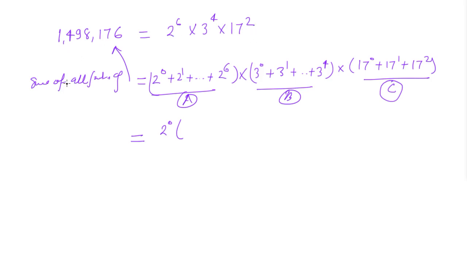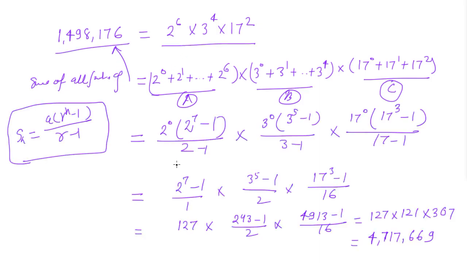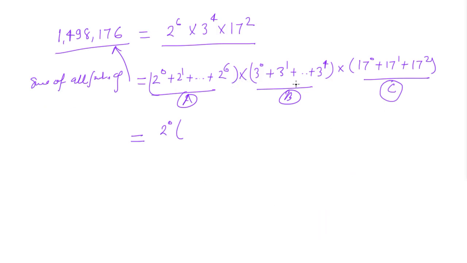And as we have done earlier, the sum of all factors of the number equals 2 to the 7th minus 1 by 1, times 3 to the 5th minus 1 by 2, times 17 to the 3rd minus 1 by 16. Let us call the factors of this product expression A, B and C.